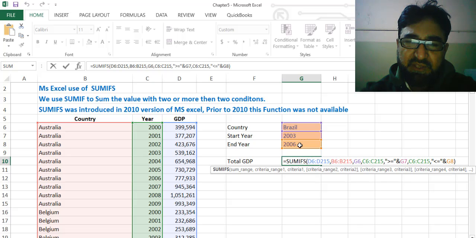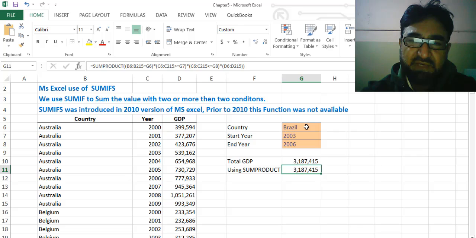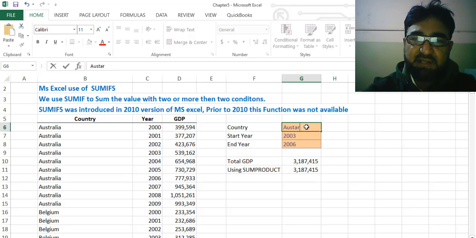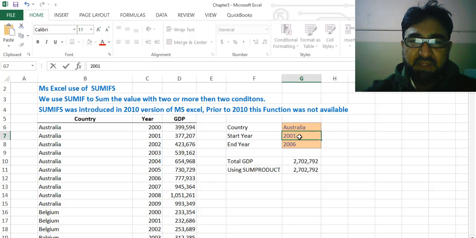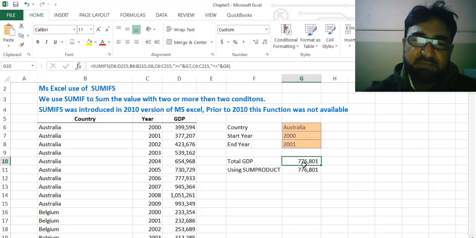If I want to check this, let me give you the value. Let me write here Australia. Okay, the formula is changing. I want 2000 to 2001. Here is the 2000, and here is the 2001. So the value has changed here.